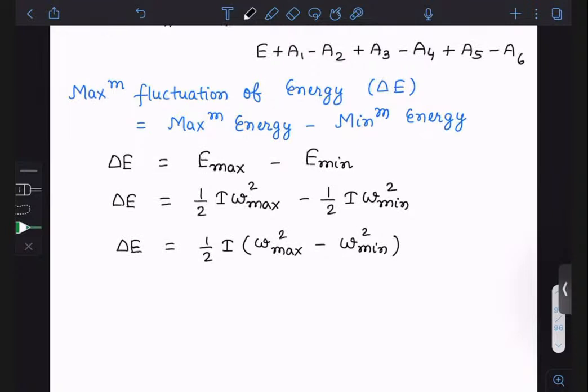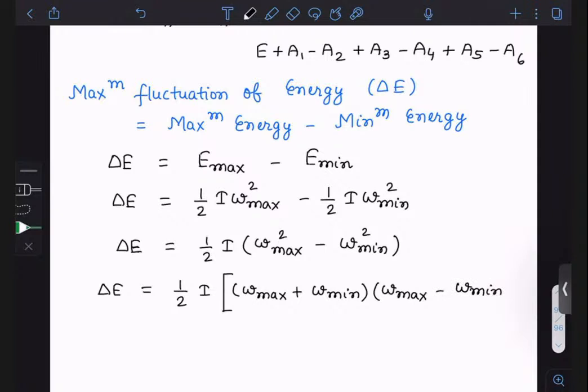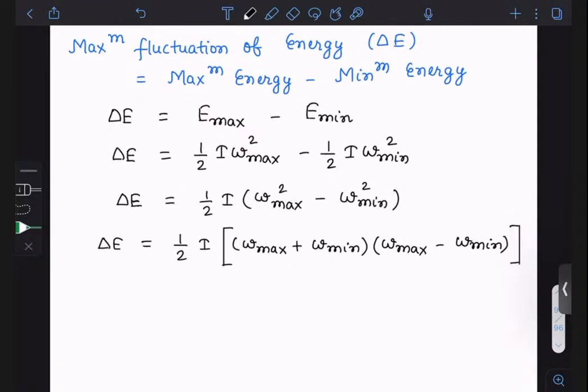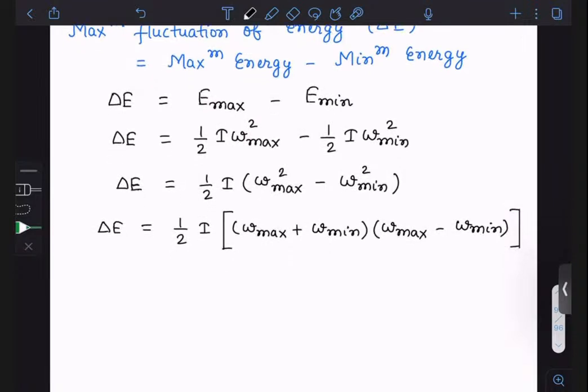Now we can write delta E is equal to half I, and this you can write as A square minus B square. This is going to be omega max plus omega min, times omega max minus omega min, right? So this we can write like this.